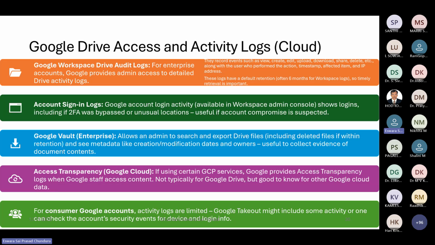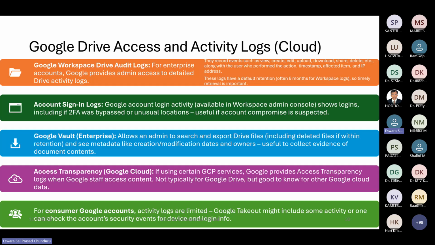Access transparency is another special category of Google Cloud logs, wherein Google Cloud employees access the Google Workspace locations of an organization to verify whether a particular activity is malicious or otherwise, and try to inform the enterprise or the subscriber that this particular account and this particular IP address from this particular geolocation appears to be malicious or unauthorized, please verify and confirm.